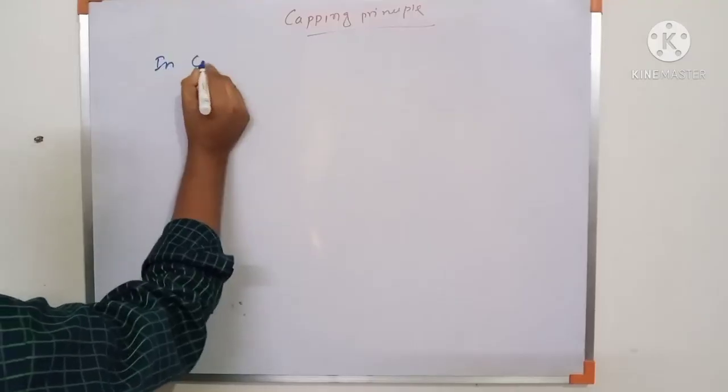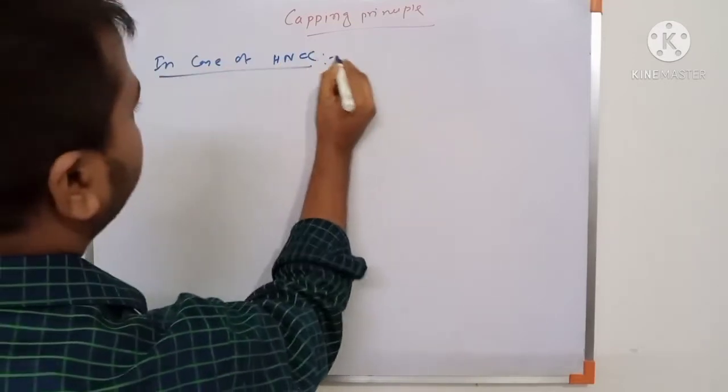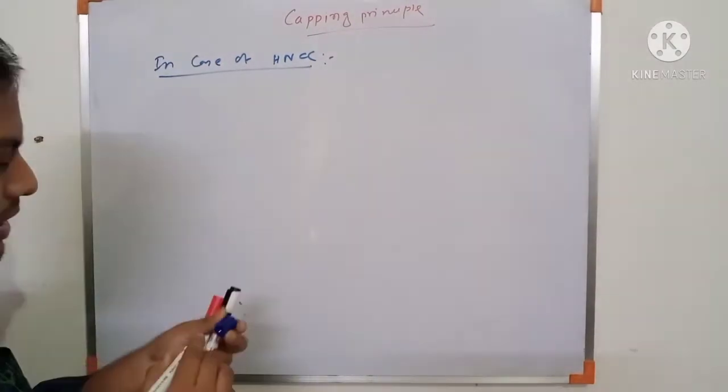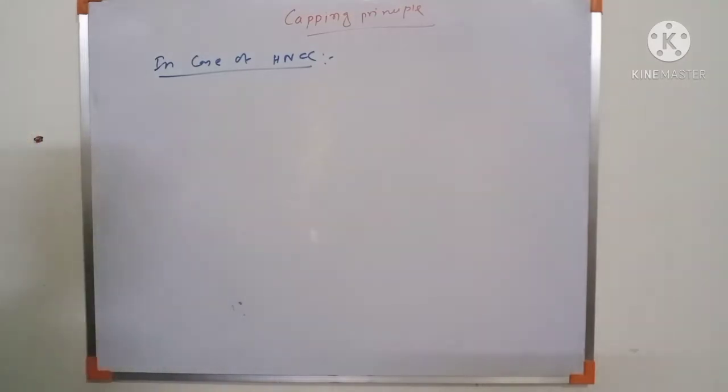First, in the case of HNCC, the high nuclearity carbonyl clusters, or LNCC, the lower nuclearity carbonyl clusters. If you don't know, please check the link in the description box.